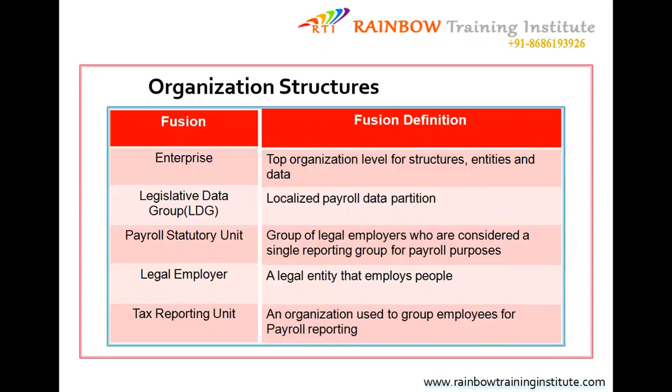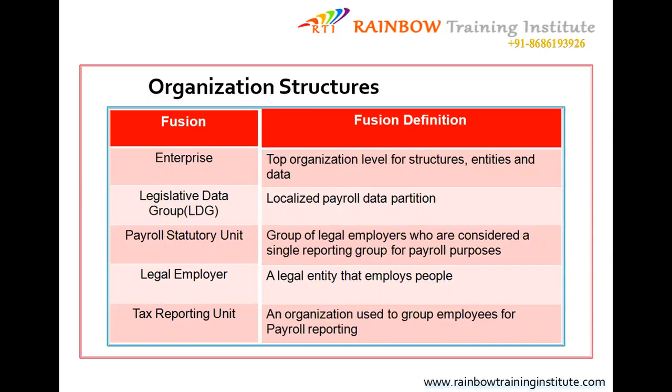So we're going to talk about the Fusion organizational model or organizational structures. So the top level organization in Fusion is the enterprise. That is the top organization level for structures. So this is called like a group of companies, you can say. The enterprise is nothing but a group of companies.